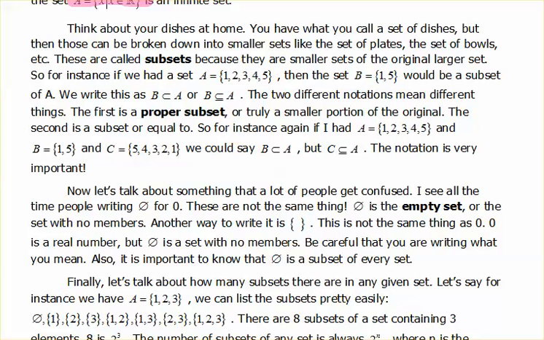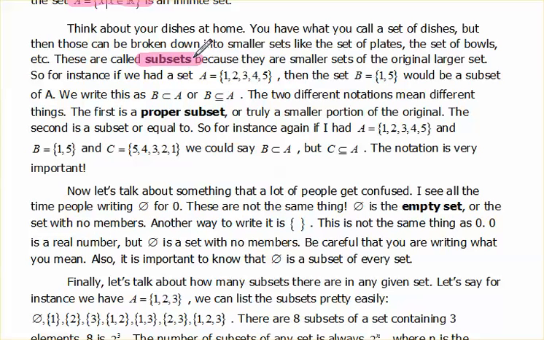Like you could have a set of plates, a set of bowls, a set of salad plates, maybe a set of cups, that would all be part of that bigger original set. These smaller sets are called subsets because they are literally a smaller portion of the larger thing.